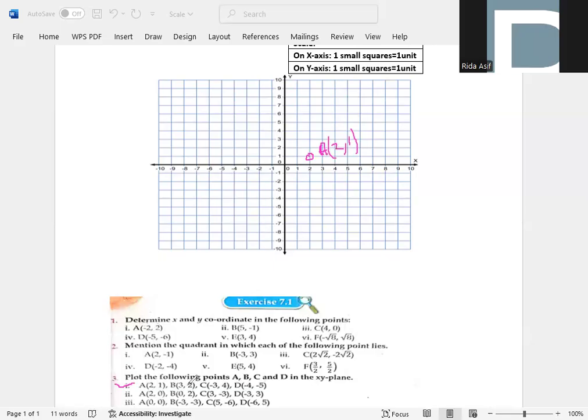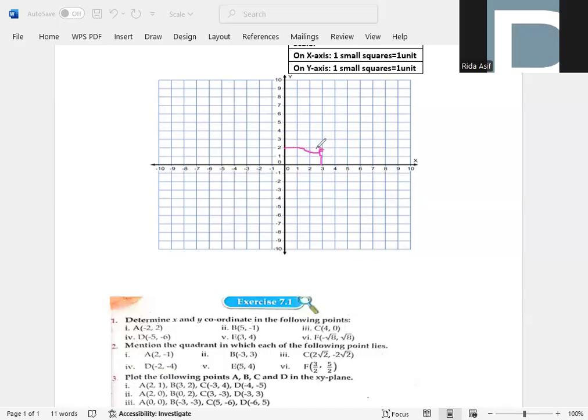Now, what about the second point, B, (3, 2)? On the x-axis we have 3. And where is 2, students? Here the x-axis contains 3, and the y-axis contains 2.